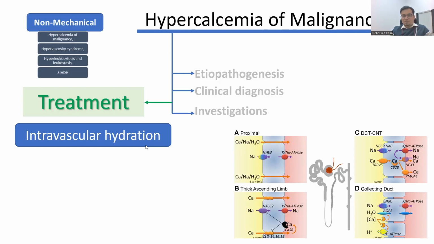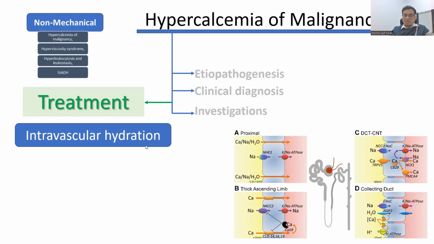About 30% of patients will improve with intravascular hydration itself. Their calcium level will become normalized. While rehydrating, if the patient shows signs of volume overload, you need to give loop diuretics. That is the only indication in case of hypercalcemia, due to any reason.